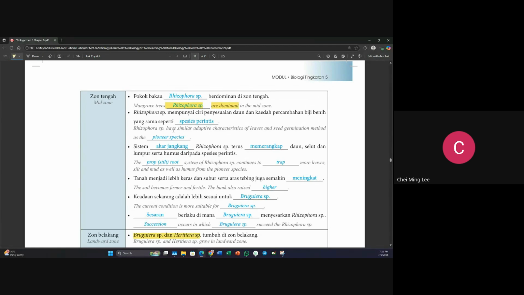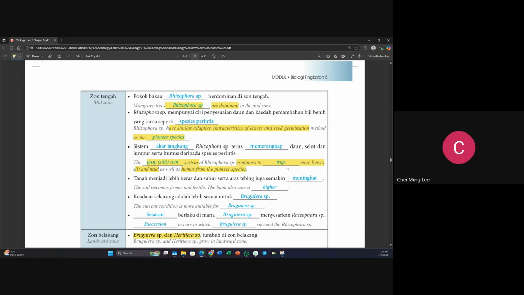They have similar adaptive characteristics of leaves and seed germination as the pioneer species, because the change of habitat is not that big, so some of the adaptive characteristics are still the same. But they use a prop or stilted root system, so it will continue to trap more leaves, silt, and mud, and also the humus from the pioneer species.